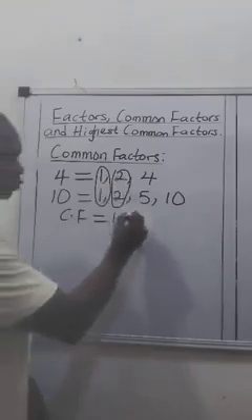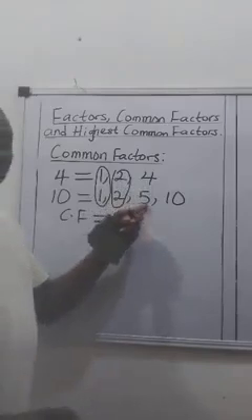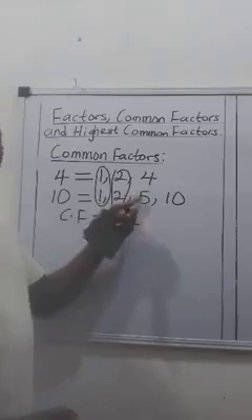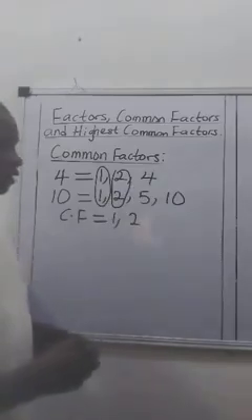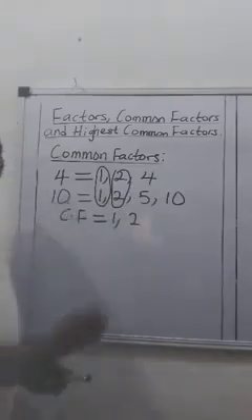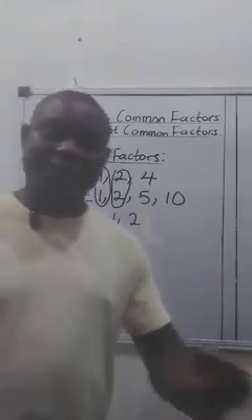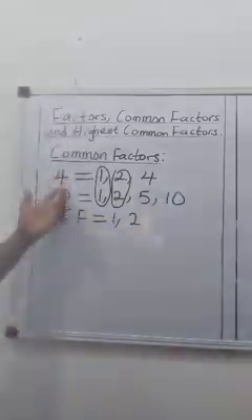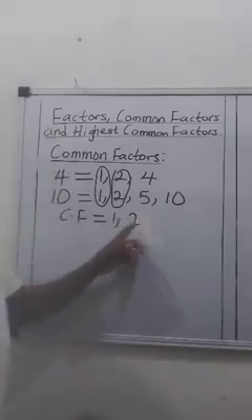We have 2 as well. Now, there is 4 here, but of course, we can't find 4 here. Likewise, here we have 5. There is no 5 here. 10 is here. There is no 10. So, it means the numbers that are common to a set of 2 or more different numbers are called common factors. So the common factors of 4 and 10 are 1 and 2.